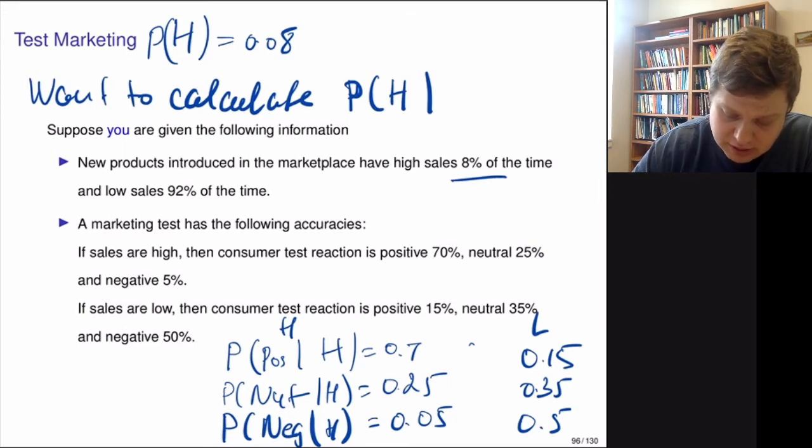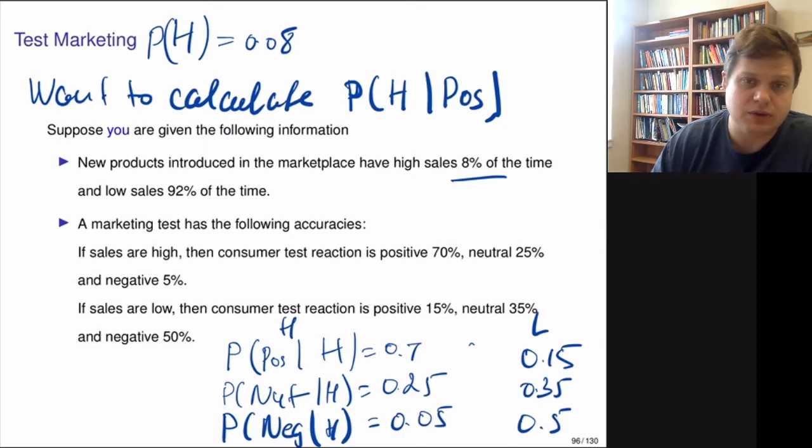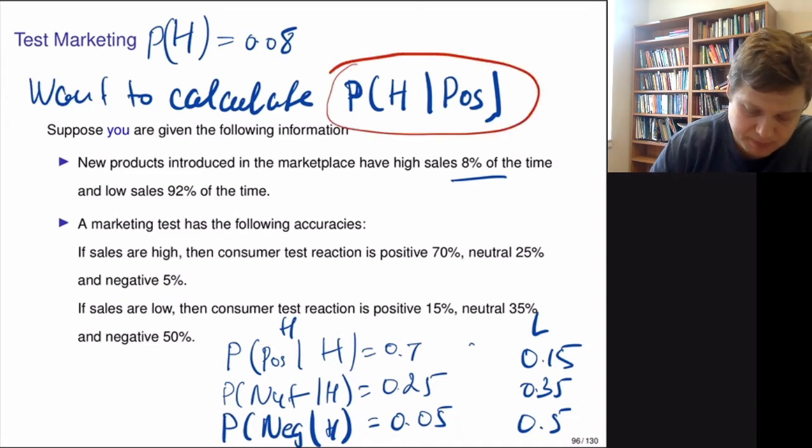So let's say the focus group had a positive reaction, and we want to predict whether the sale is going to be high or low. And again, you see we have the inverse of that. We have the probability of seeing a positive reaction given the high sales, and we're just going to use the Bayes rule to calculate the quantity of interest, which is this one.